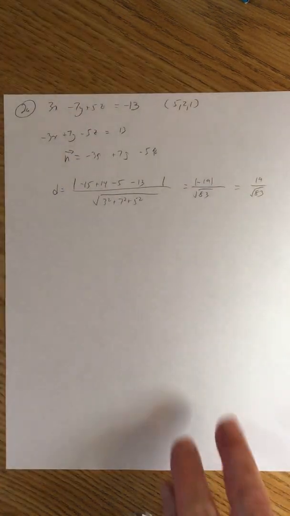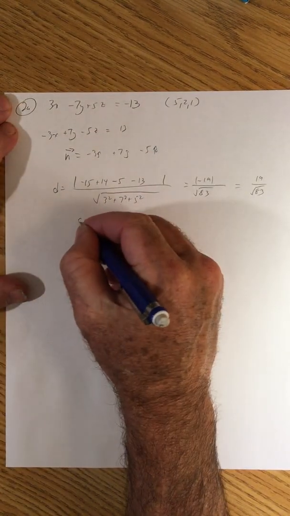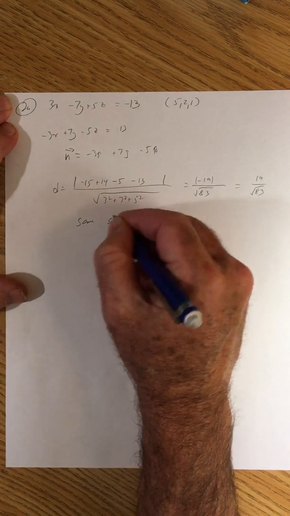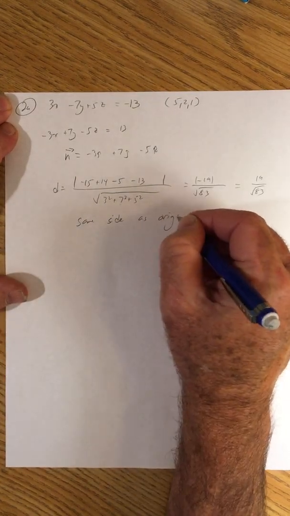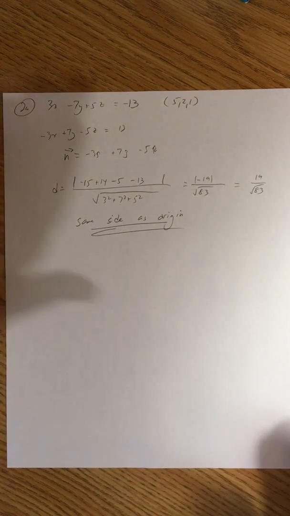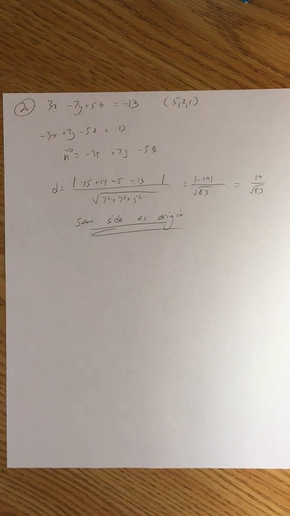So the answer here is same side as the origin. Question 2b asks that as well. It asks whether this point is on the same side or the opposite side. So you do problem 2b.